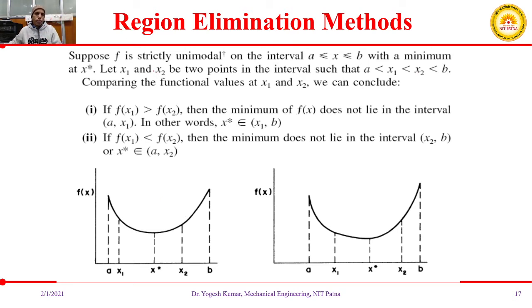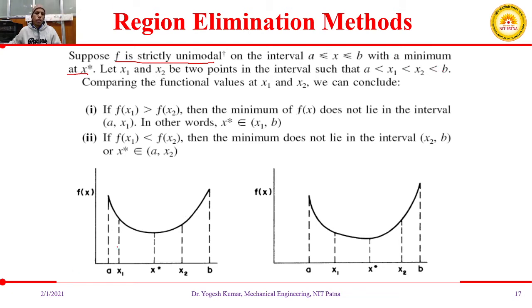So suppose we have a function f(x) which is strictly unimodal on the interval between a and b, that is a is less than or equal to x is less than or equal to b, with a minimum or optimum value at x star. Let x1 and x2 be points in the interval such that a is less than x1 is less than x2 is less than b.